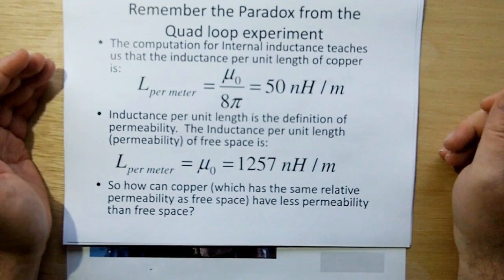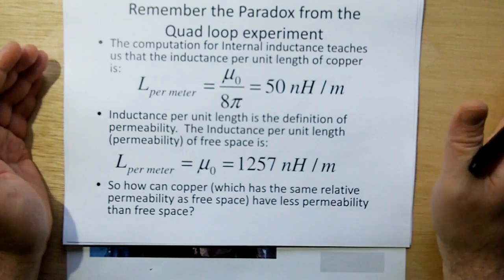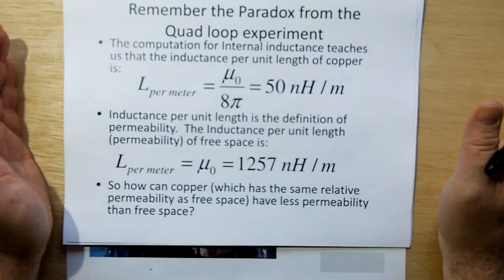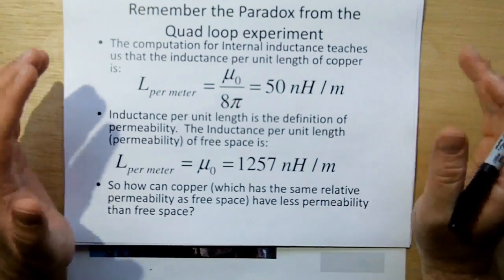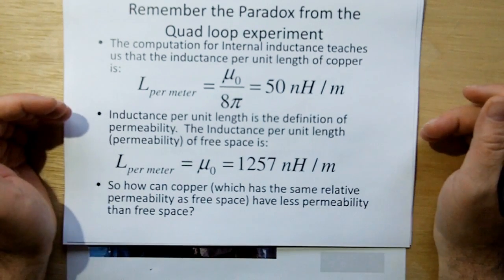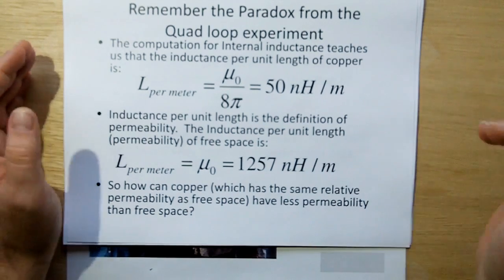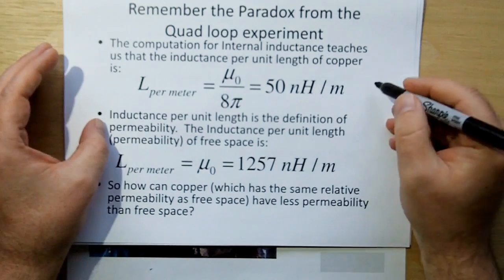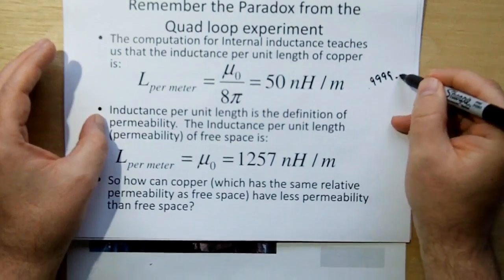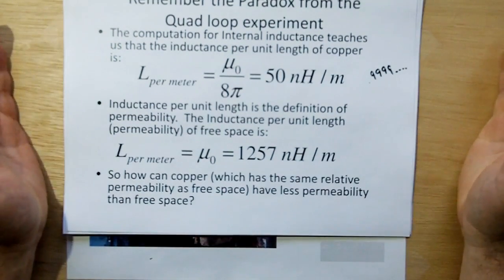And there is nothing in the world of physics except superconductors, and we're not dealing with superconductors, that has a relative permeability less than free space. Yeah, okay, copper and some others have 0.9999, something like that, but that's essentially 1.